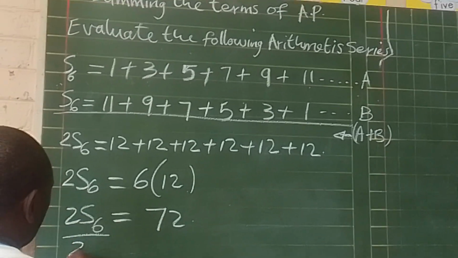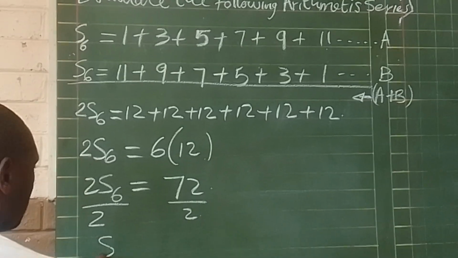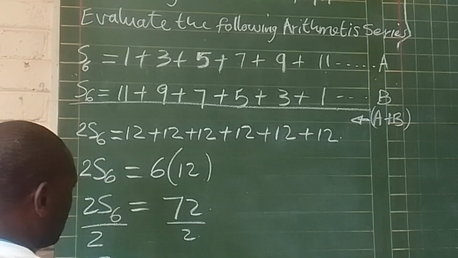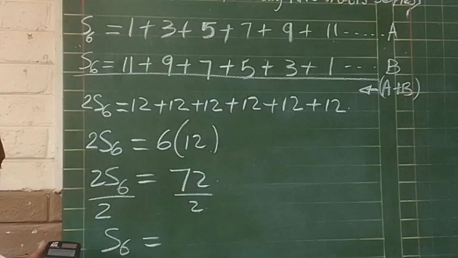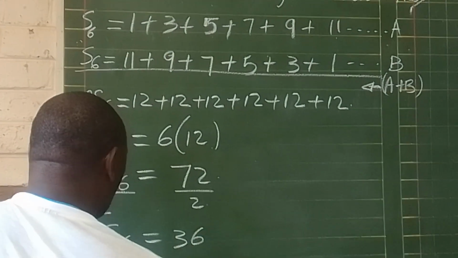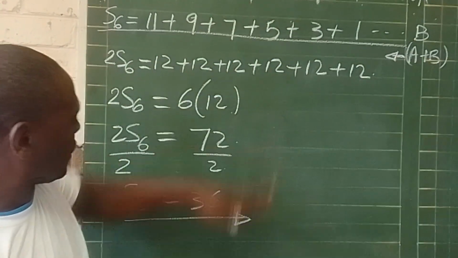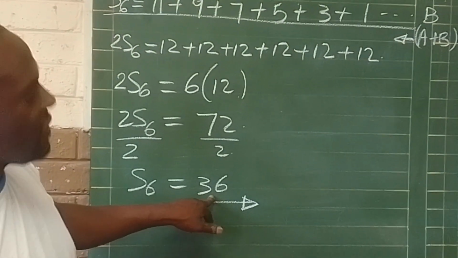Then we divide by 2 because we are looking for 1S. S6 is equal to 72 divided by 2, we get 36. So the sum of these 6 terms is 36.